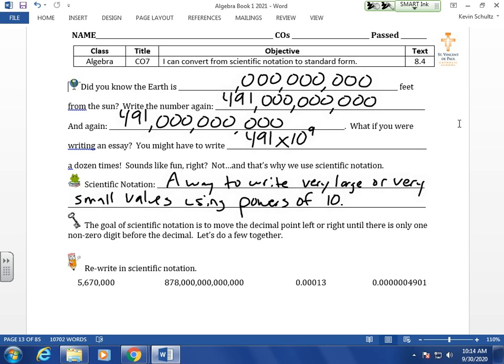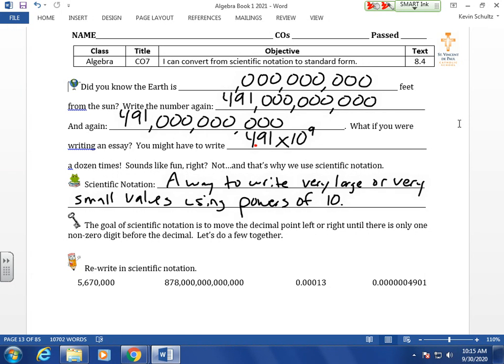I should have told you not to write this down yet because we're not quite done yet. Okay, sorry. The other piece of this is that in order to be in scientific notation, we have to have one number to the left of the decimal point. We actually write this as a decimal, and there can only be one number to the left of it.